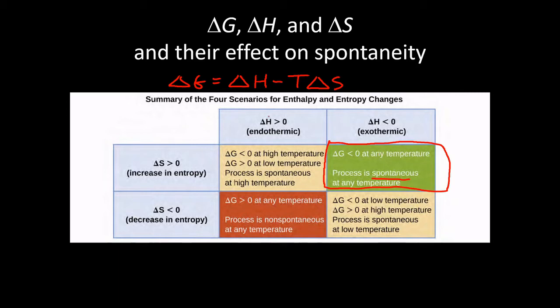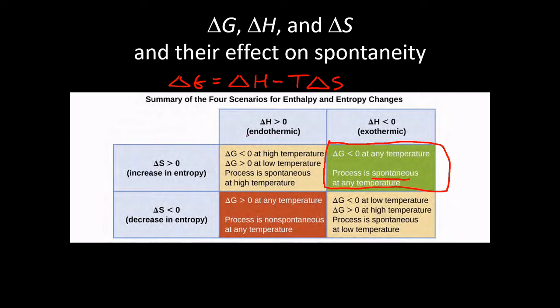If, on the other hand, delta H is positive, so that would be endothermic, and delta S is positive, so they're both positive in this case, now the enthalpy does not want the reaction to move forward. So it is unfavorable in terms of its enthalpy, but entropy is still there saying, I want this reaction to occur.